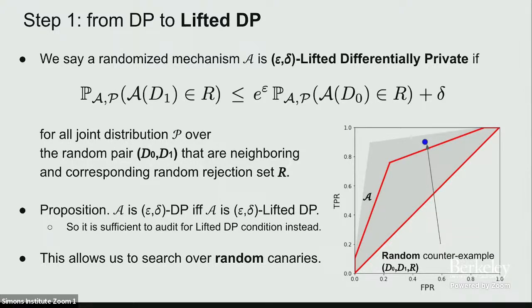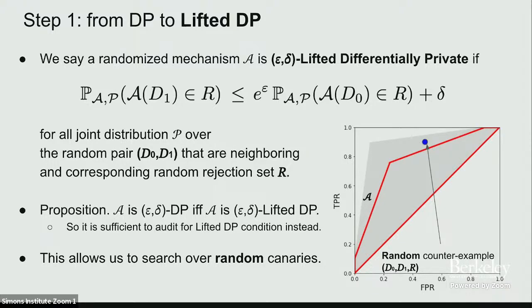So everything can be randomized. All right, so now you have a distribution P over D0, D1 and the rejection region. And what you want is this distribution over both the randomness of the algorithm and P to satisfy the bound.